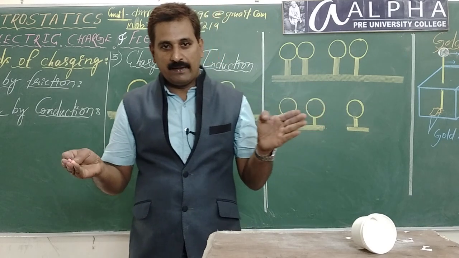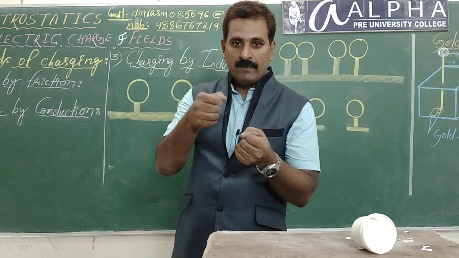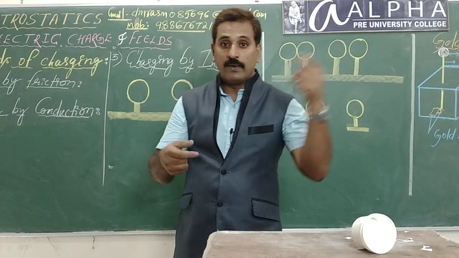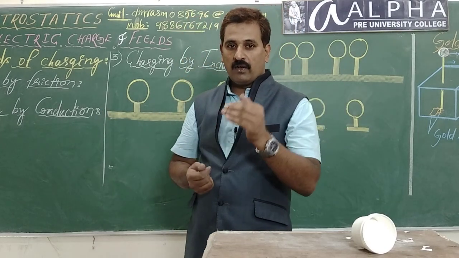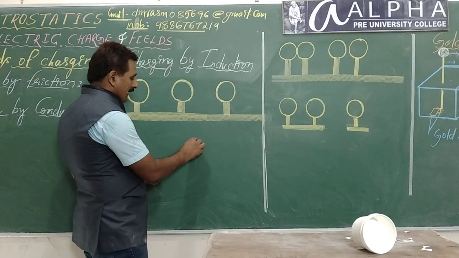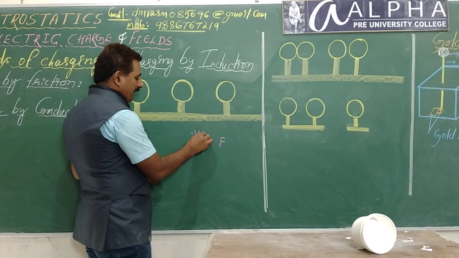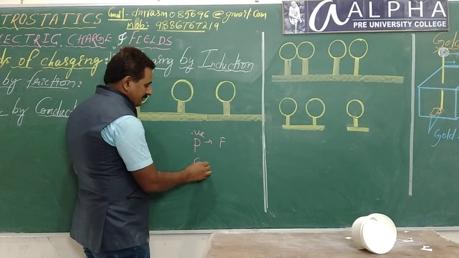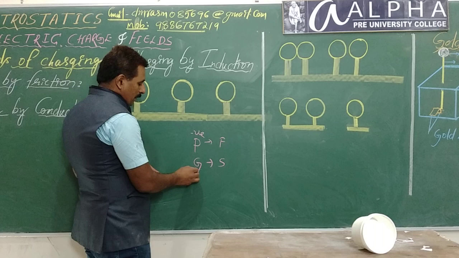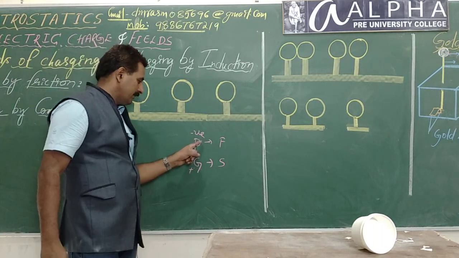In the previous example, I showed you how a plastic handle or a pipe gets charged when rubbed with a cloth. According to our convention, the charge on plastic rubbed with fur is negative, and the charge on glass rubbed with silk is positive. What happens here?